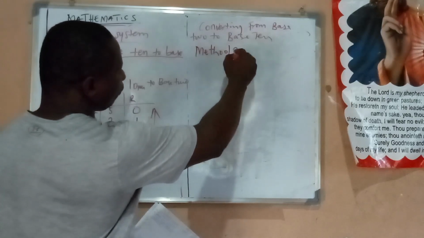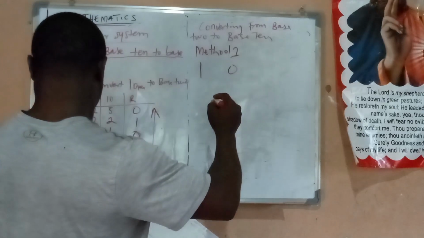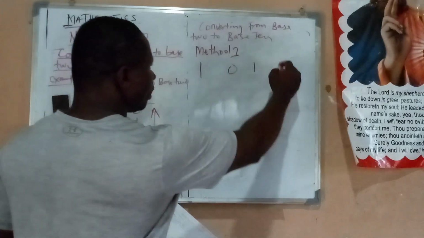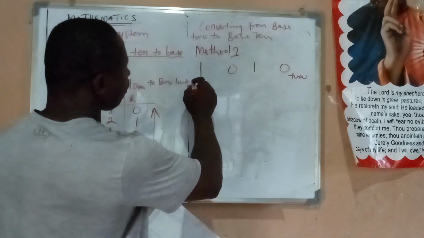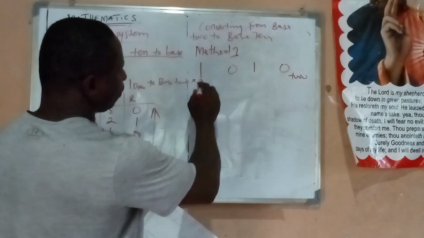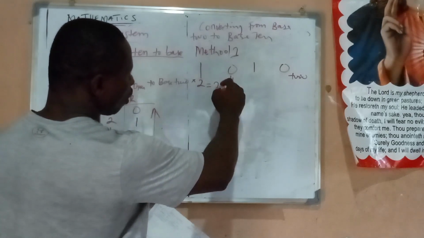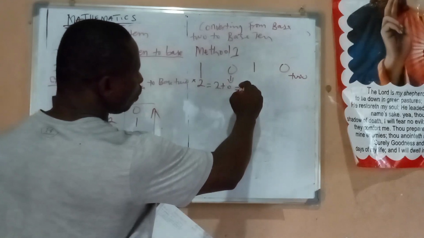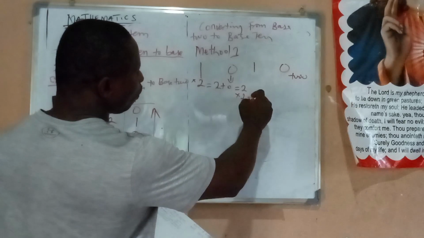Method 1. We have here 1 0 1 0. Take note, it is in base 2. So we have here 1 times 2 is equals to 2, plus we bring down this 0, plus 0 is equals to 2. Now 2 times 2 is equals to 4.